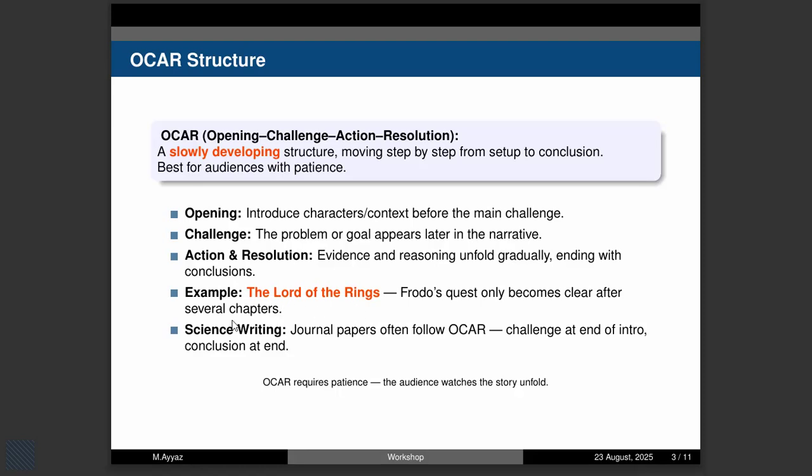This kind of structure is for people who are patient enough to listen to how the story unfolds and develops in front of them. So it is used for most journal papers and most fiction writers that want a longer story.